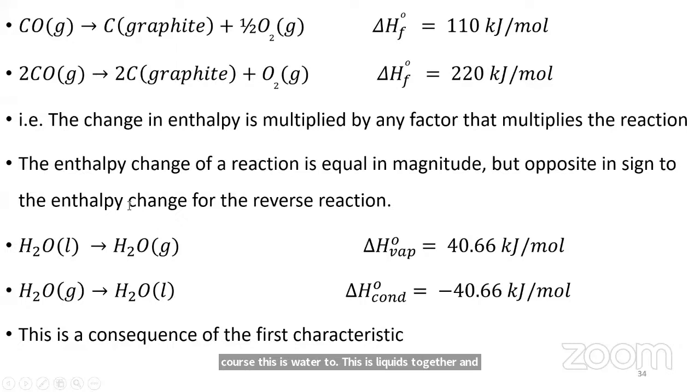Both of them are the same. Their molecular formula is the same. But because here heat is absorbed, you are having a positive value. Why for this? Because it's going from gaseous to liquid, then heat is given out. So this is one of the consequences of the first characteristic, that is the H, the change in internal energy.